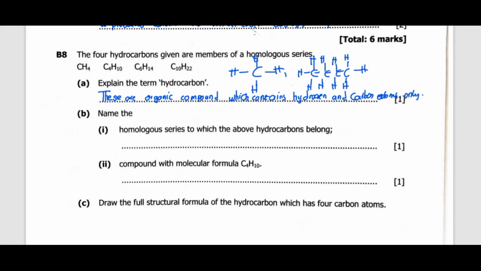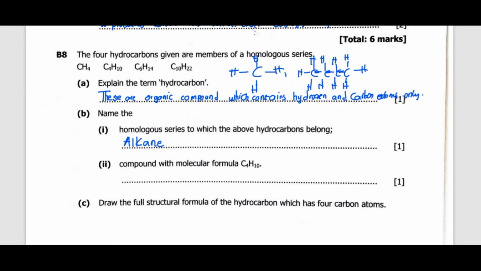Then for question B1, name the homologous series to which the above hydrocarbons belong. So we can see that we only have single bonds here. So whenever we have single bonds, we have alkanes, where the suffix is ane.